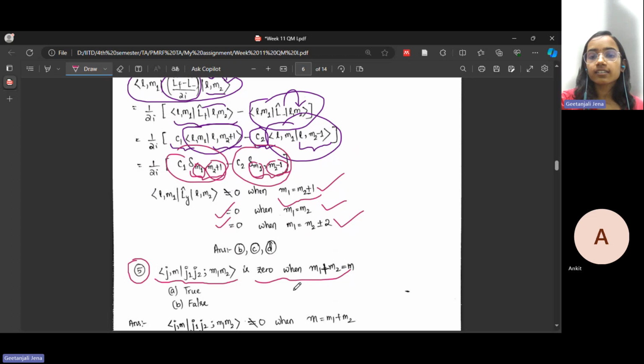So you know that this is nothing but the CG coefficient, right? This is the product between a coupled state with an uncoupled state.